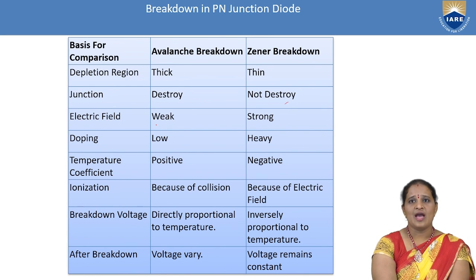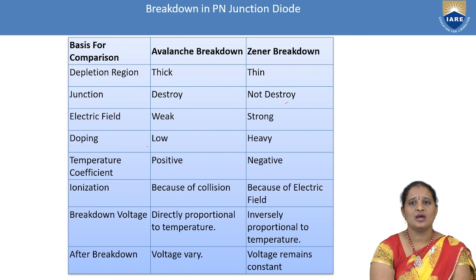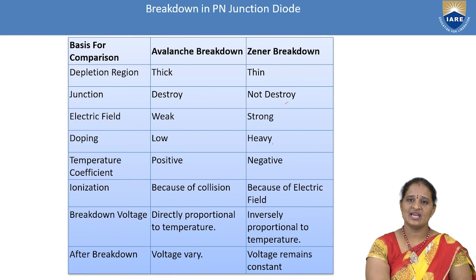As we have a thick depletion region, the electric field intensity is weak in avalanche breakdown, whereas the electric field intensity is strong in Zener breakdown. Coming to the doping concentration, avalanche breakdown happens in lightly doped diodes, and hence the doping concentration is low, and Zener breakdown happens in heavily doped diodes, and hence the doping concentration in Zener breakdown is heavy.